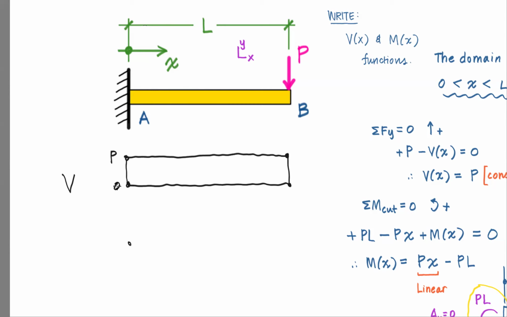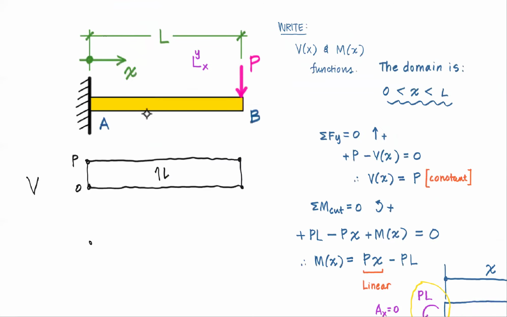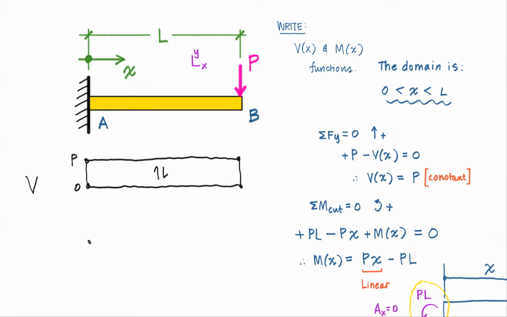Okay, so this is my 0. So I have positive internal shear force the entire way, and the equation of that line, there's the line, and that is the equation that expresses that function.